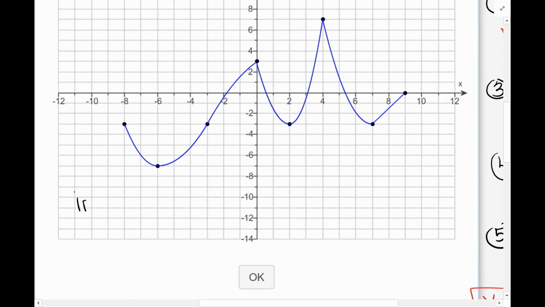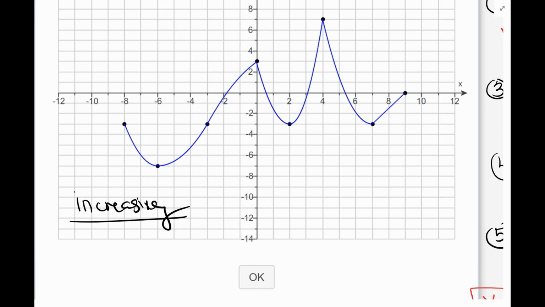If something is increasing, it's always going from left to right. The definition of increasing is basically an open interval, which means it's always going to be parentheses, an open interval that the graph is increasing from left to right. So I'm going to circle the areas that have increasing.